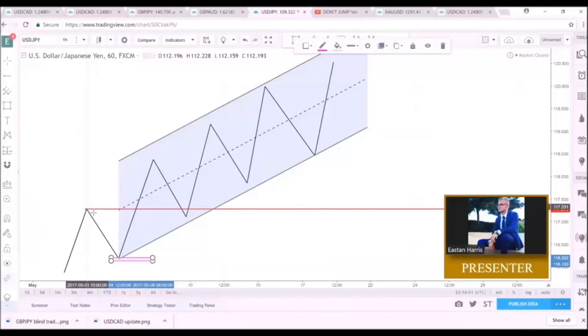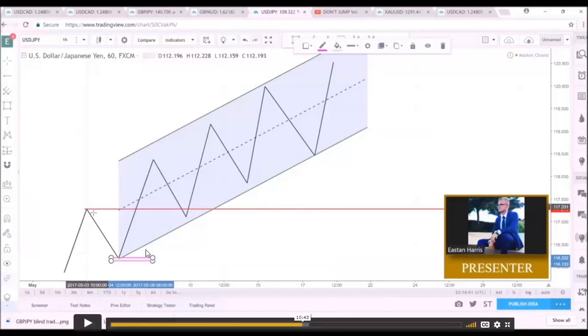So we're not going to move that structure to the next one. We will, but we can't do it until this high right here is broken. Once price gets here, then yeah, we move this red line to here.